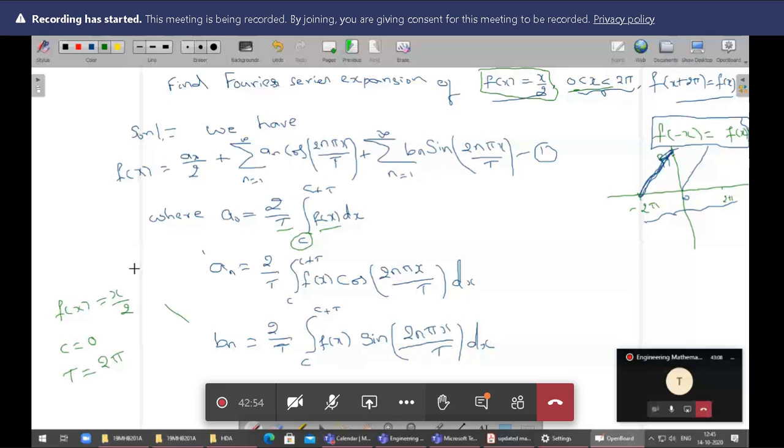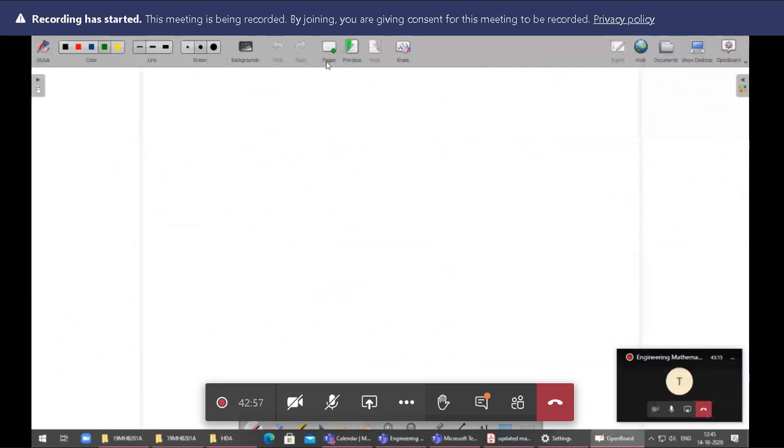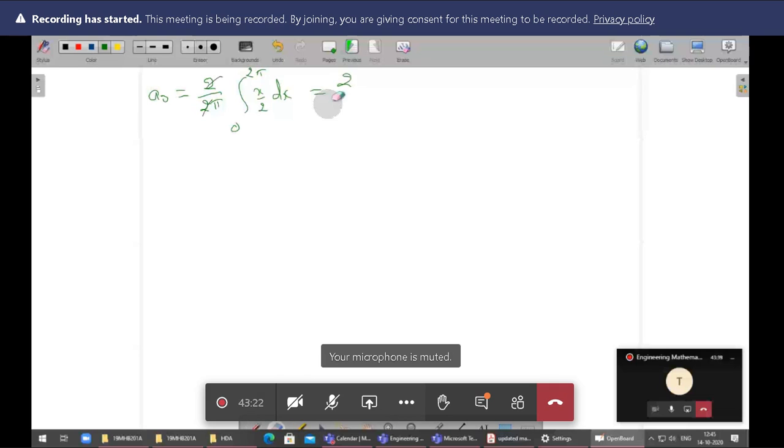Next, with this I can compute a naught. First we'll go by a naught. So a naught is 2 by 2 pi, since the period is 2 pi, integration from 0 to 0 plus 2 pi is 2 pi, and f of x is x by 2 into dx. A simple integration: 2 divided by 2 pi, so this 2 cancels and we get 1 by pi into 1 by 2. This 2 is also a constant, so I can take it outside the integration.